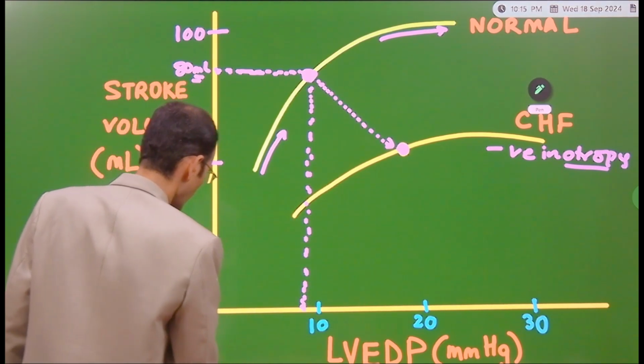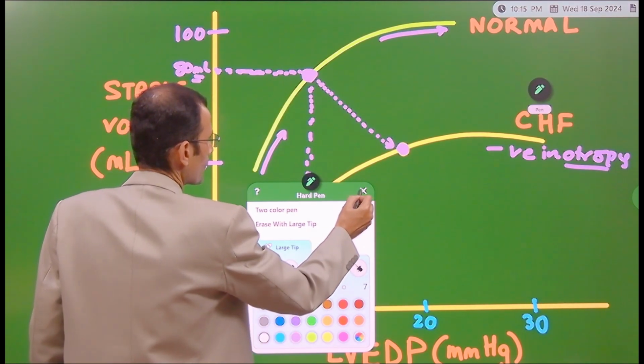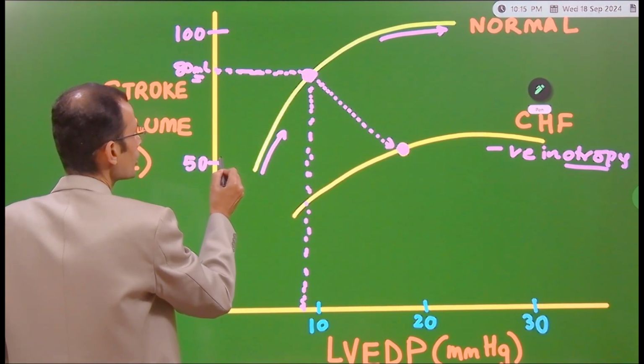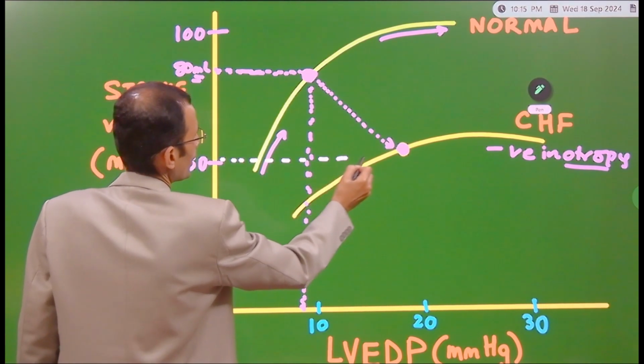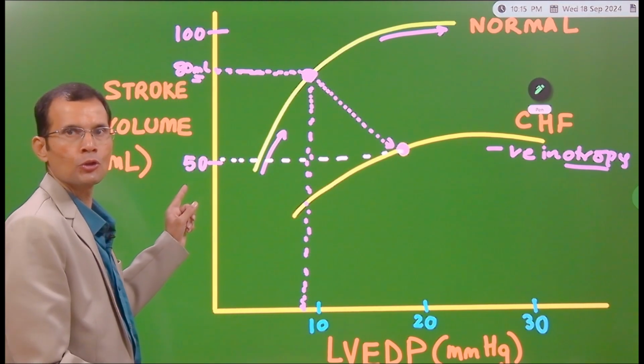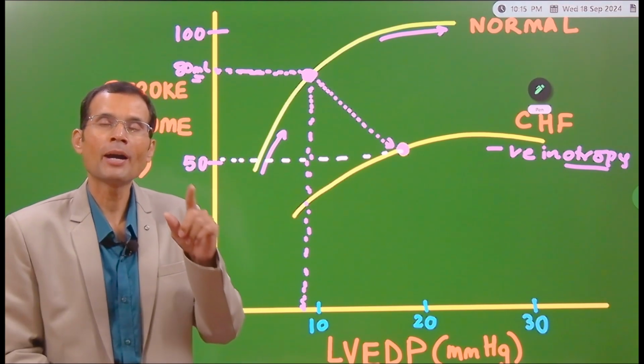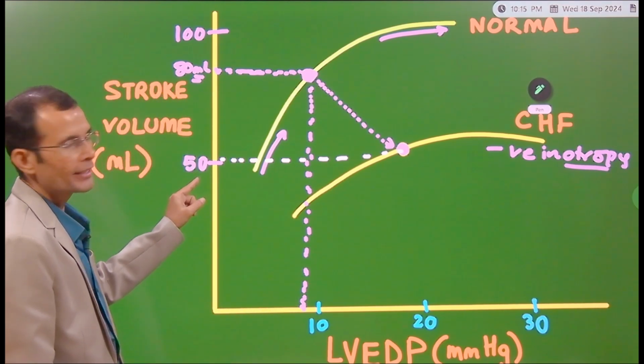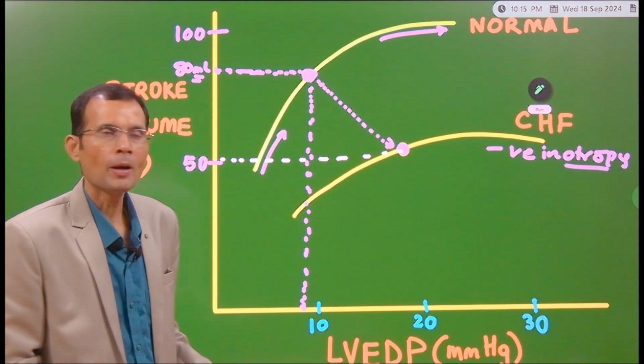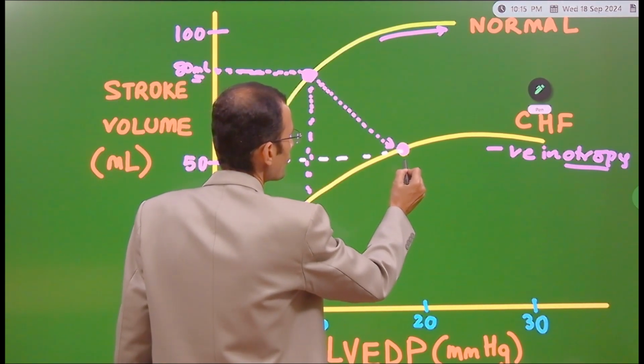So check it out here. This point in the case of heart failure curve corresponds with about stroke volume of 50 ml. Yes, stroke volume has decreased, and that means the heart is failing to pump. It's a heart failure condition.